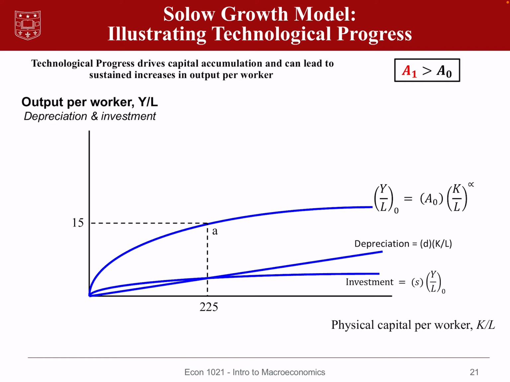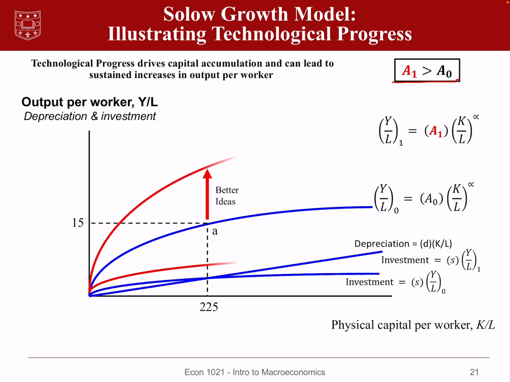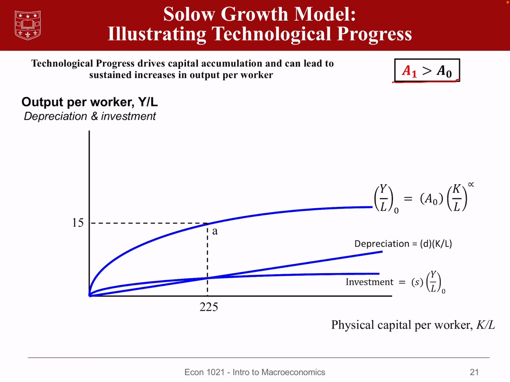Let's suppose that we consider new ideas buffeting this economy. What happens? Well, initially, let me remind ourselves of where we are. We're going to start off here at this steady state level of capital per worker and output per worker of 15.